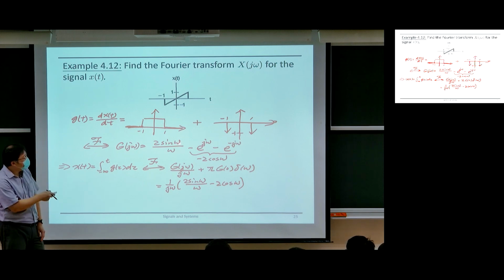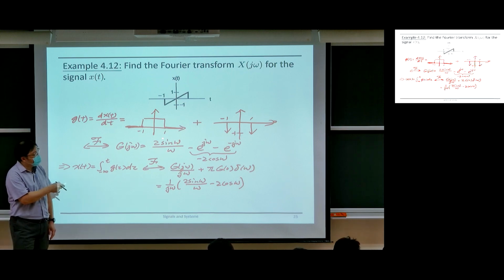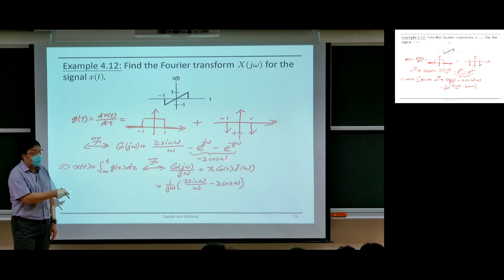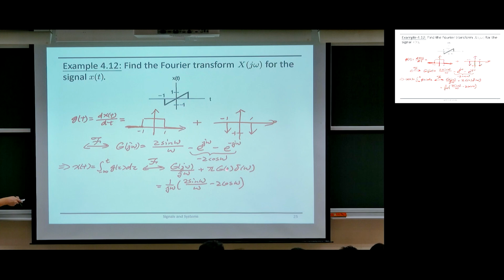If you plug in omega equal to 0 here, this sinc function will give you a constant 2, and cosine 0 is 1, so this gives you minus 2. So 2 minus 2 is 0, so g of 0 is 0. So the second term has no contribution.